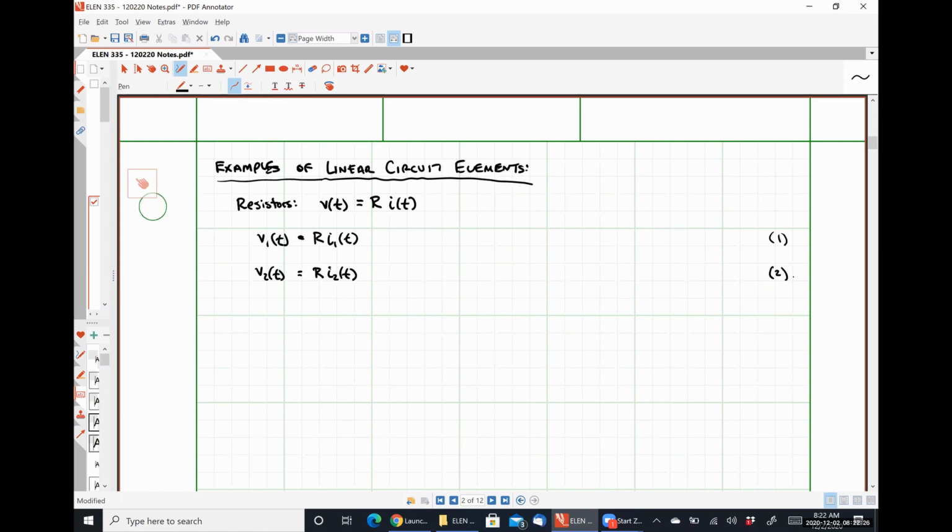So what I'm going to do to test is I'm going to scale equation 1 by a factor of alpha and scale equation 2 by a factor of beta, and then add the results together and see if what it looks like is my original characteristic equation, Ohm's law.